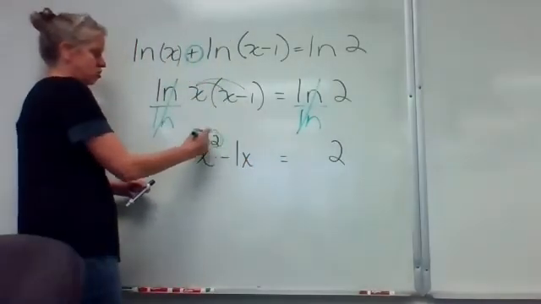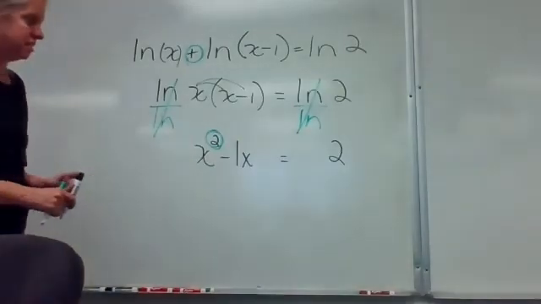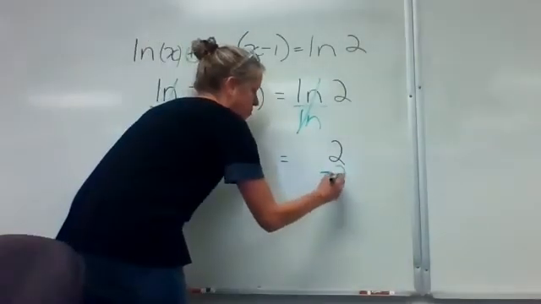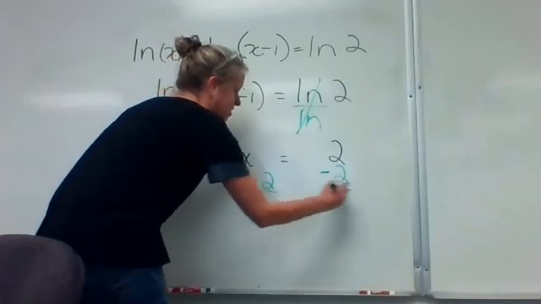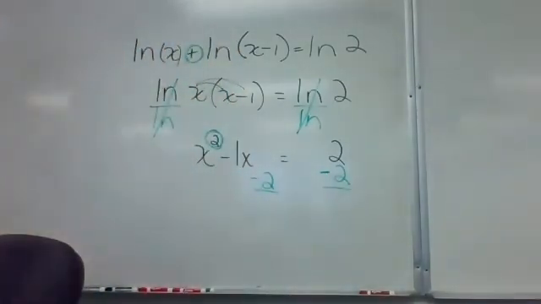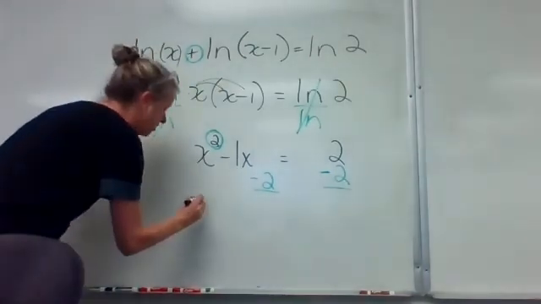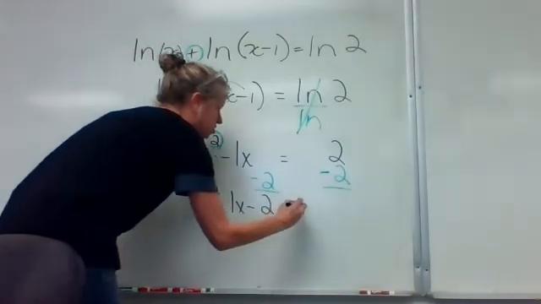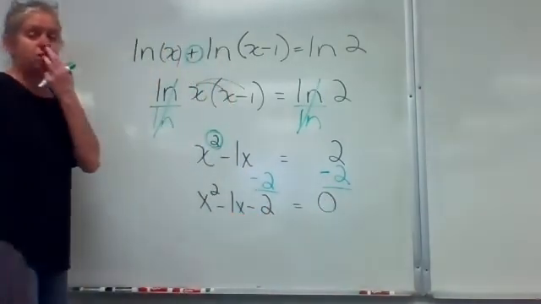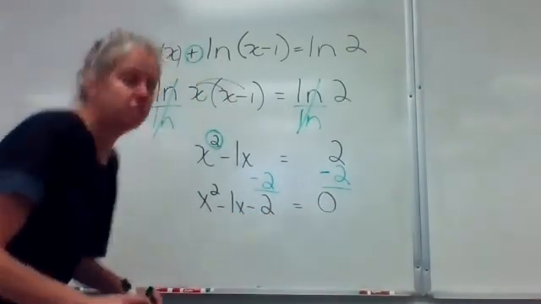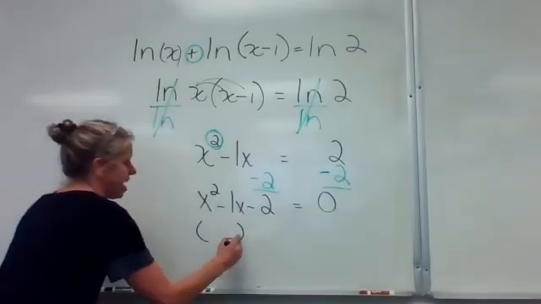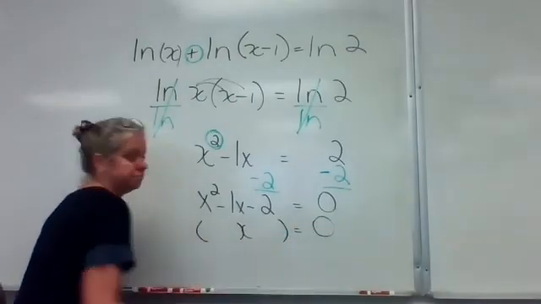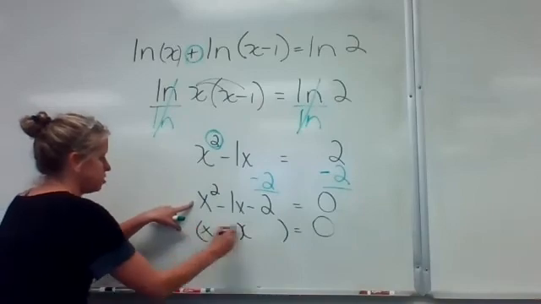So once again, it's squared, which means it's quad. So I'm going to bring this 2 over. I'm going to subtract 2 from both sides. So now I've got x squared minus 1x minus 2 equals 0. So you can definitely go to quad. If you don't have quad, you'll have to factor this. x and x for x squared.